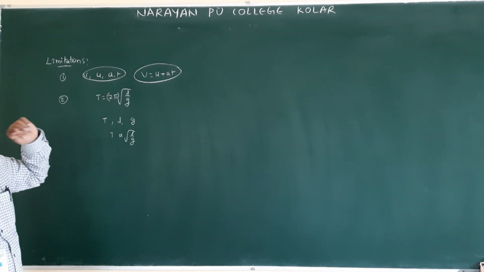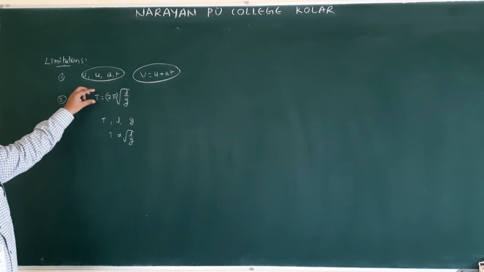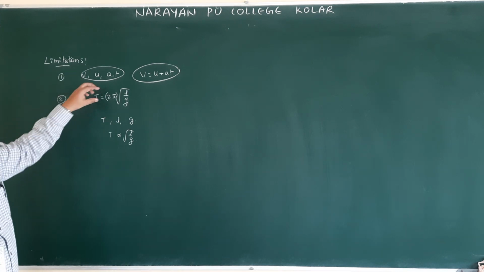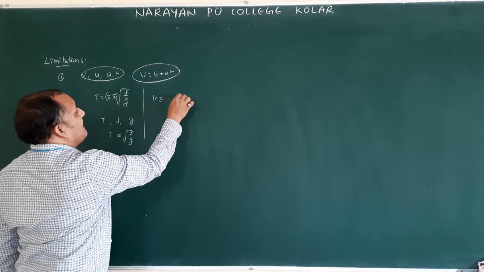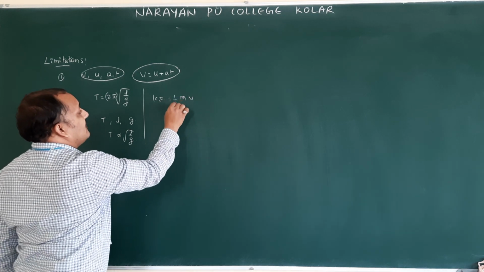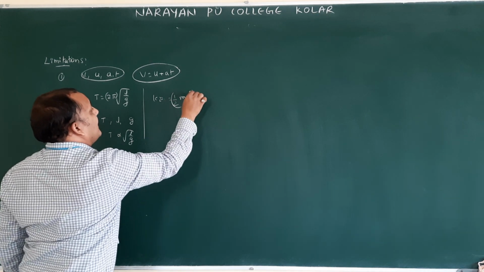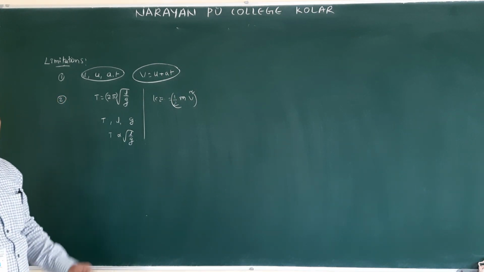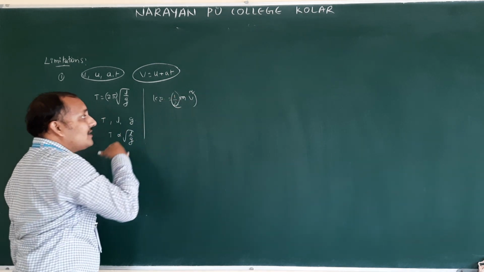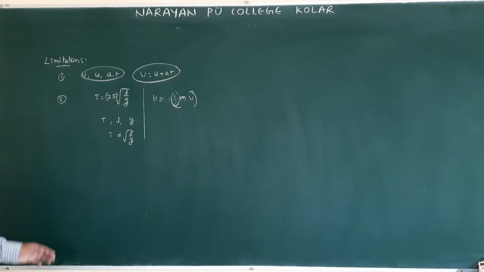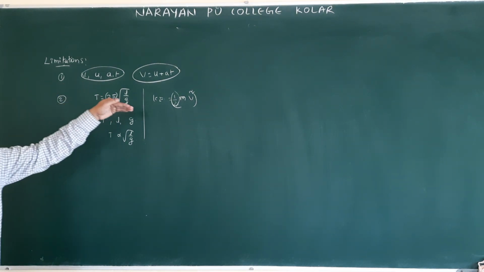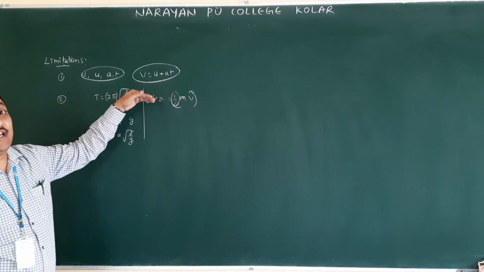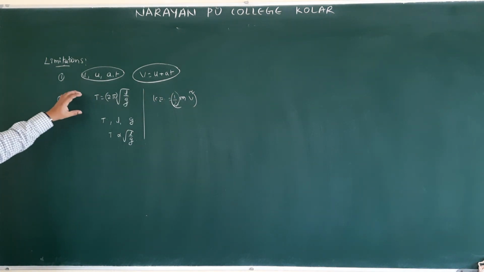If they give kinetic energy, mass, velocity, then K is equal to half mv square, but you will not get information about this half whenever we are deriving the equation. Therefore, dimensional analysis will not give any information about constants or dimensionless constants. That is the second limitation. Okay, next one.